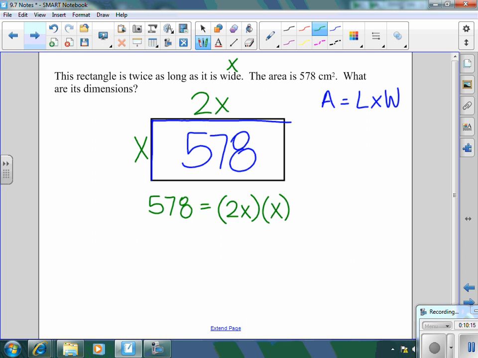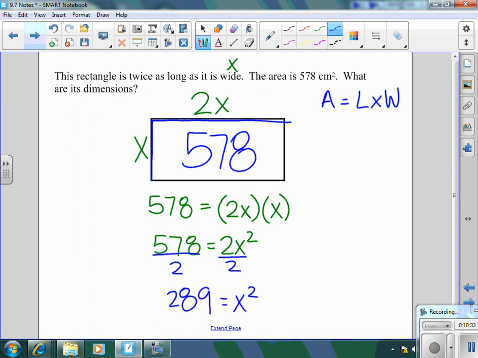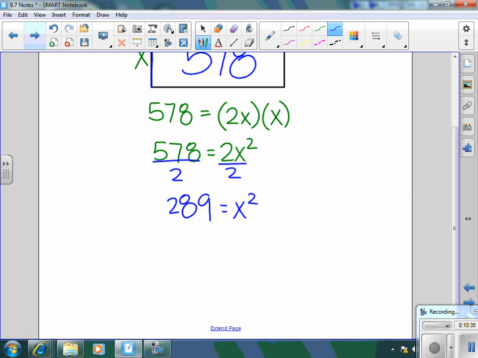And then let's simplify. 578 equals 2x squared. And now we get to solve for x. So I'm going to divide both sides by 2. We end up with 289 equals x squared. And then to get x by itself, take the square root.